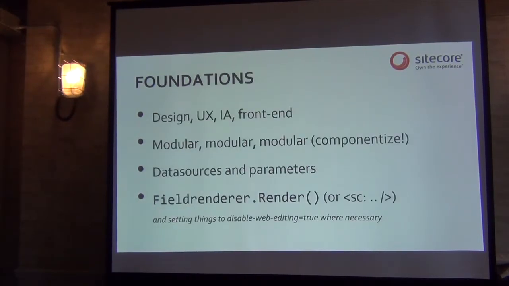So to start with, and again, those of you who went to the front-end developer course probably heard me say this about 80 times, it really helps if your design, UX, IA, front-end, project management resource all understand basically how Sitecore puts together a page. And that's just the fact that it's very, very modular. So your page is, as you all know, made up of bits, nested sub-layouts, components.